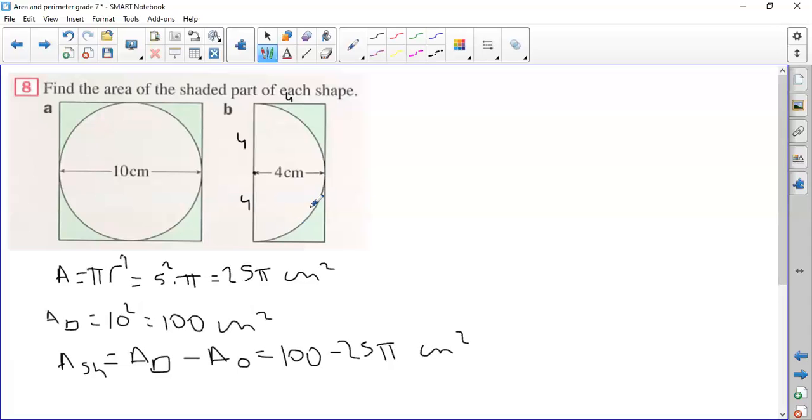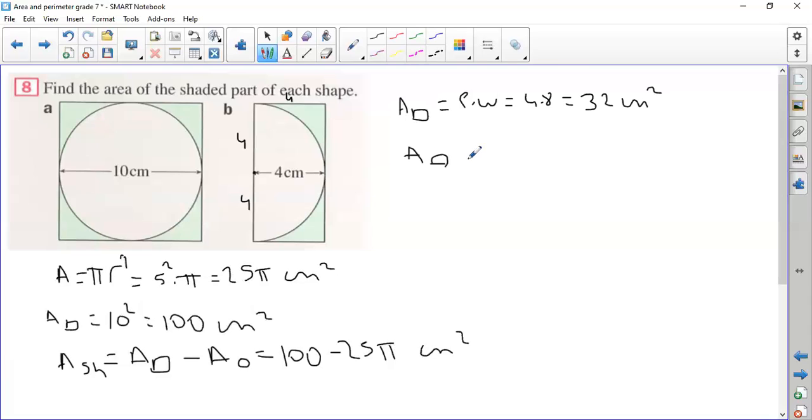So the area of rectangle minus area of the semicircle will give me the area of the shaded region. So let's find the area of rectangle. Area of rectangle is equal to length times width, which is 4 times 8, 32 centimeters squared. And now we have to find the area of the semicircle.